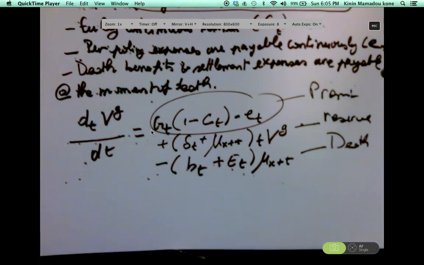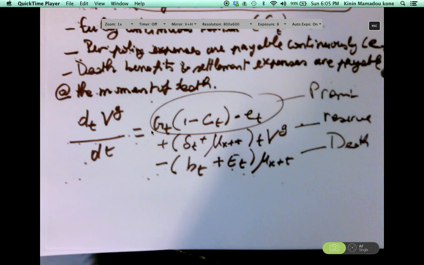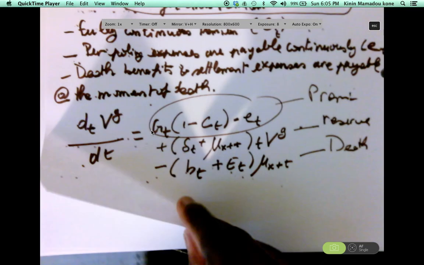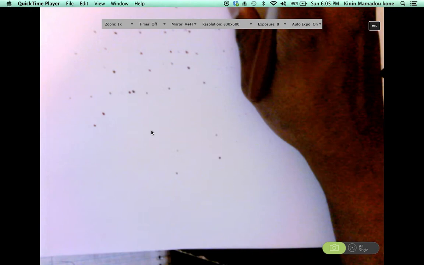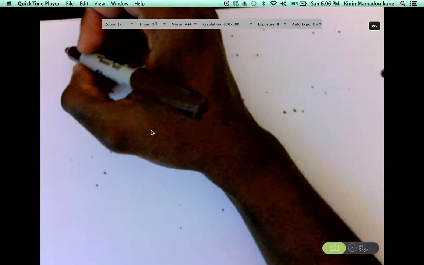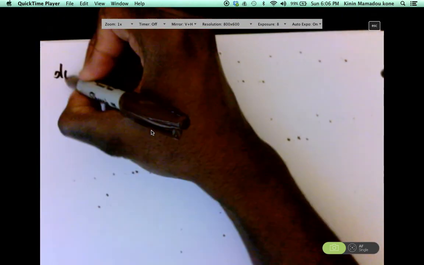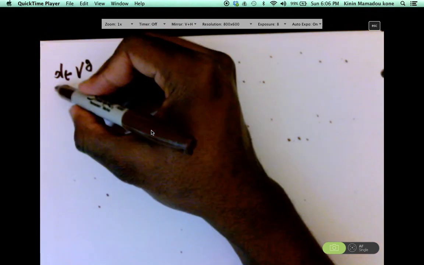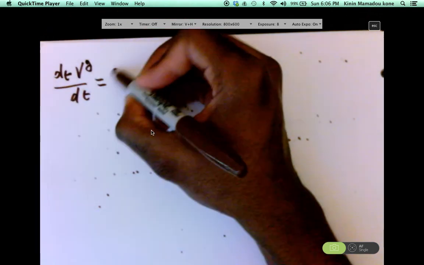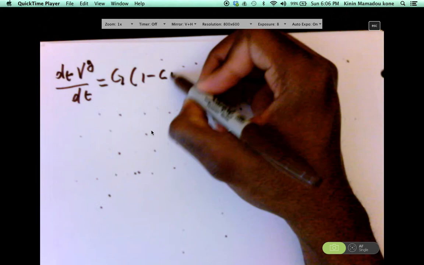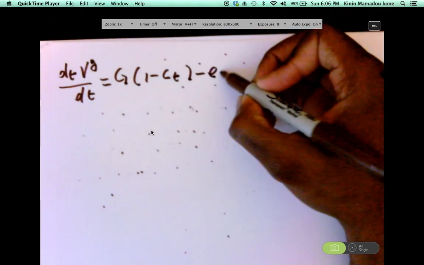Let's talk about solving that equation. The trick is to discretize the information. So basically you have d/dt of the reserve, equal to the premium, 1 minus c_t, minus e_t.